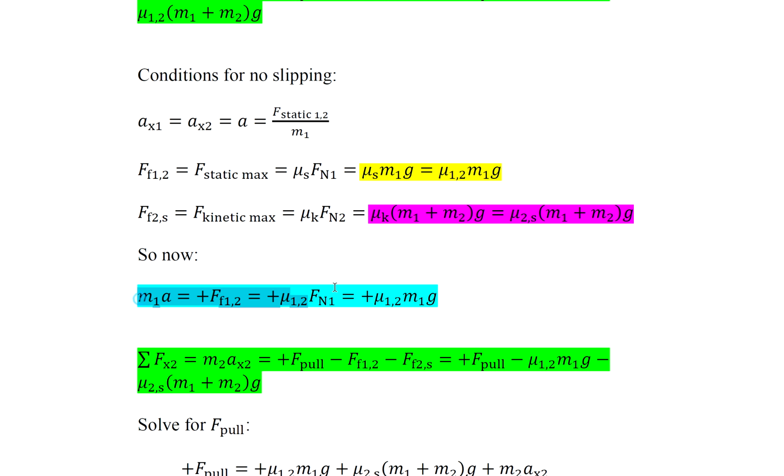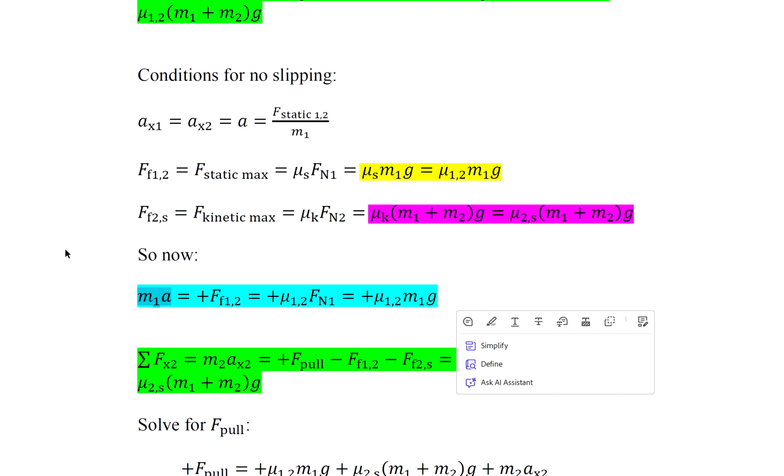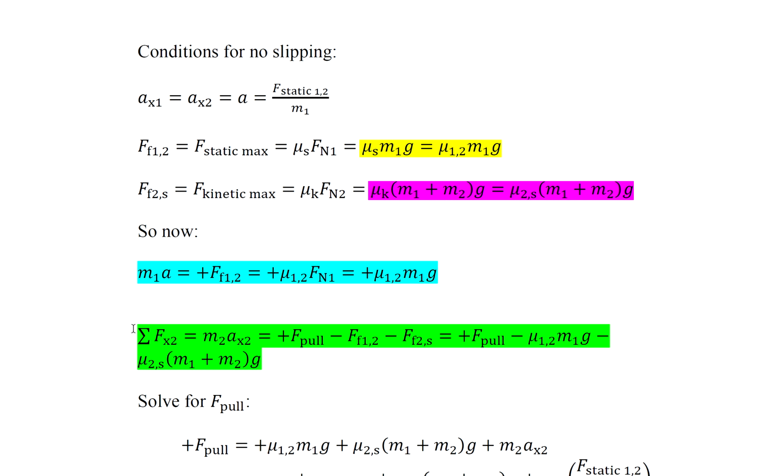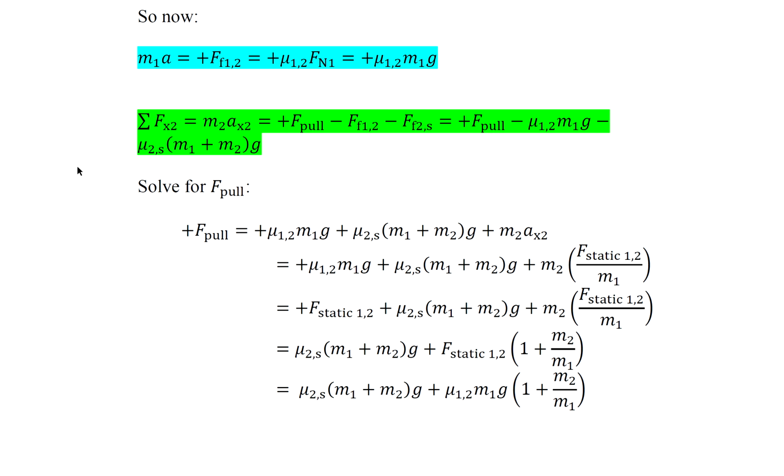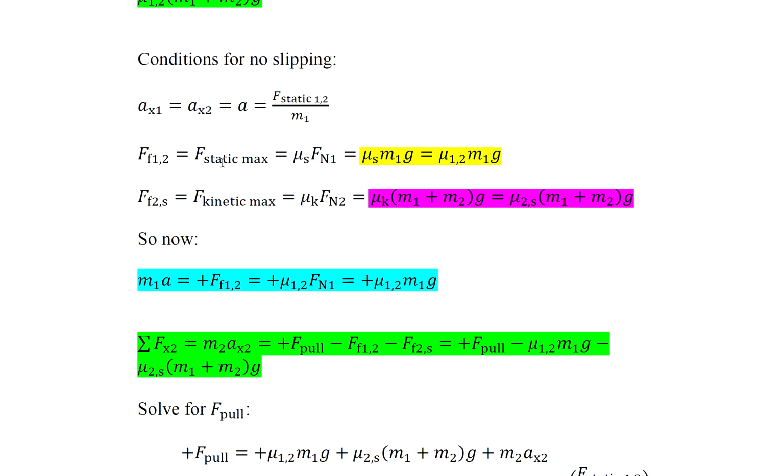So now we have this equation, and we have this equation. So we're going to use this green equation and solve for force of pull. And this is equal to the force of static friction between 1 and 2. Why? Because we have it here.